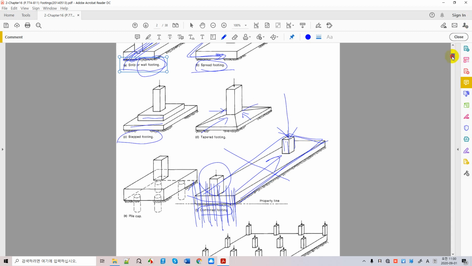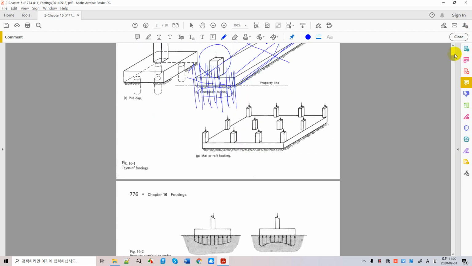The last foundation, one of the most important, is the mat foundation, a big foundation that supports multiple columns. We can see this foundation is very big, used to support the massive load of high-rise buildings or big buildings, where very complicated moment diagrams and shear diagrams exist.